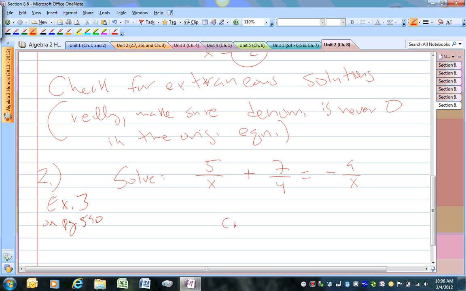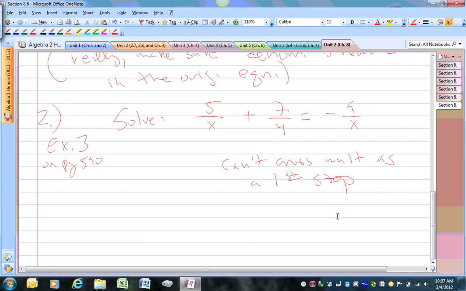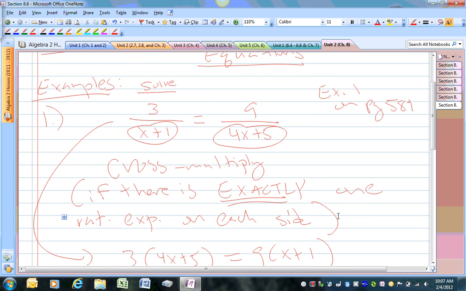Now in this case, we can't cross multiply as a first step. That's because I have two fractions on the left side. And really when you're cross multiplying, what you're doing is multiplying everything by the LCD. Notice how the LCD for number 1 was x plus 1 times 4x plus 5.